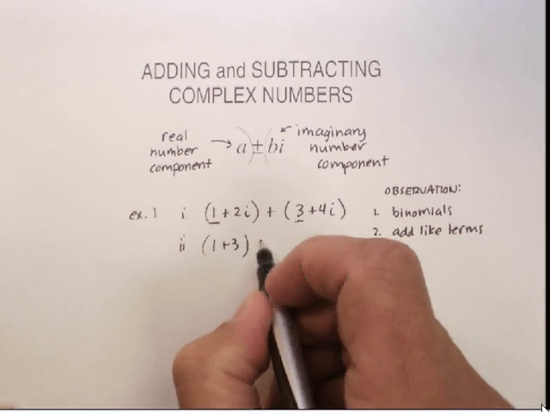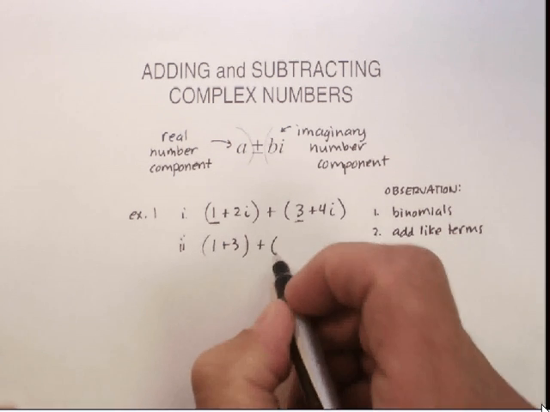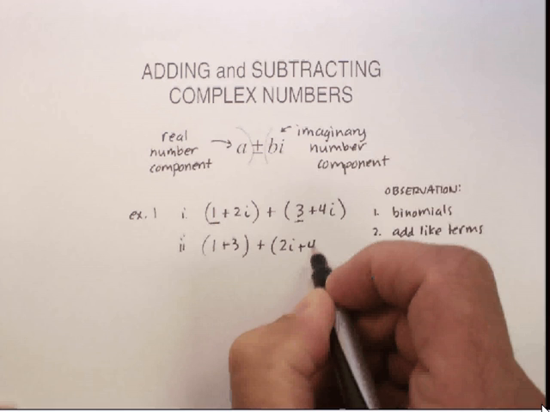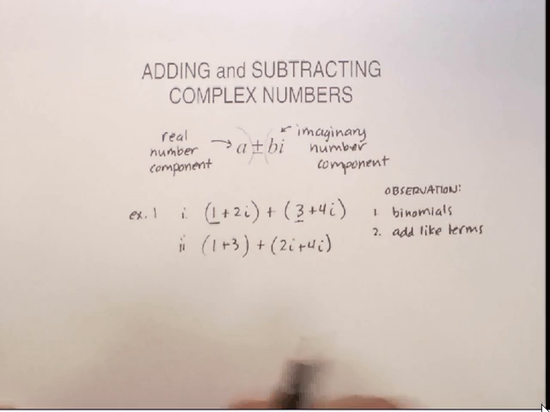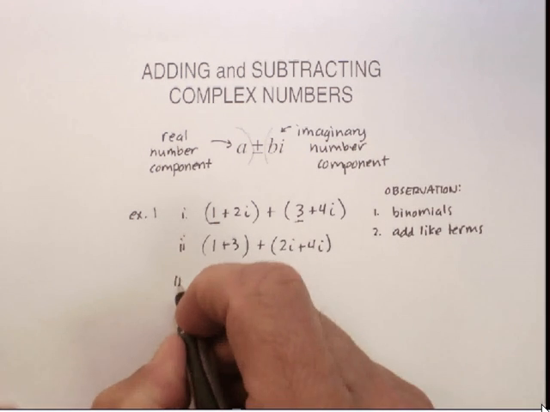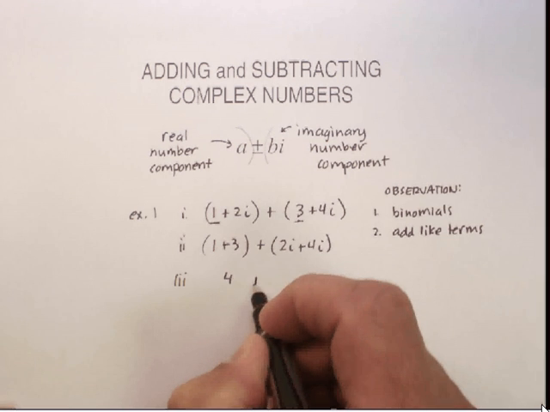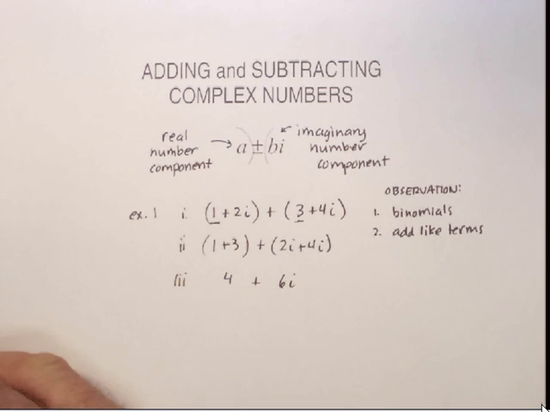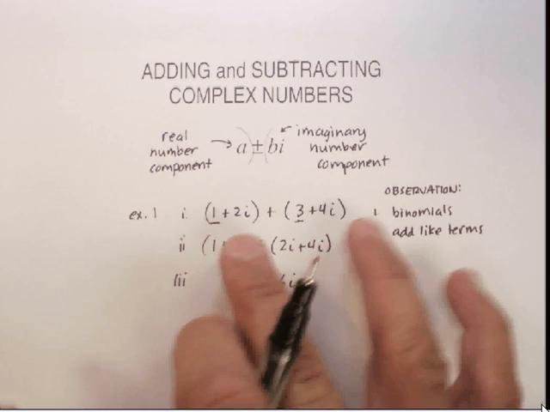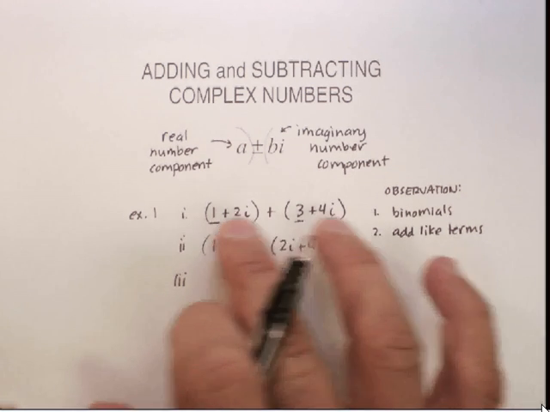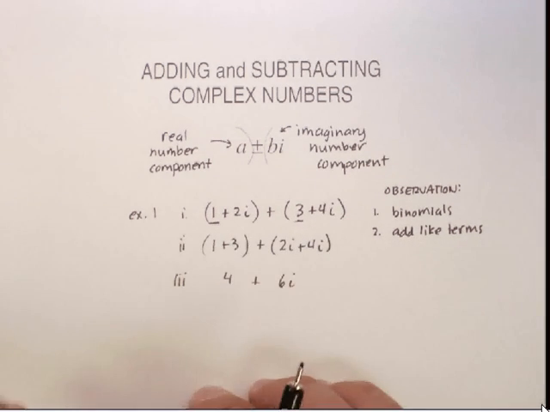And then I'm going to add the 2i and the 4i, or the imaginary number components. And that's going to give me 4 plus 6i. And that's all there is to it. So again, just add the real number components and add the imaginary number components.